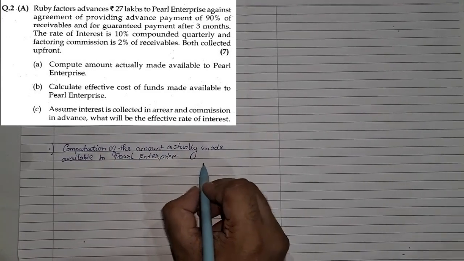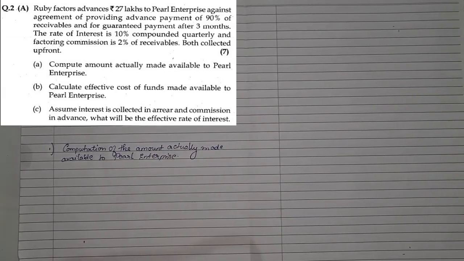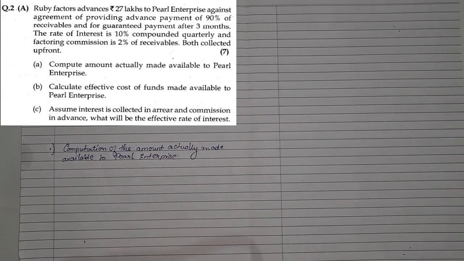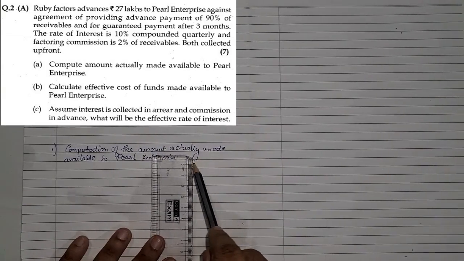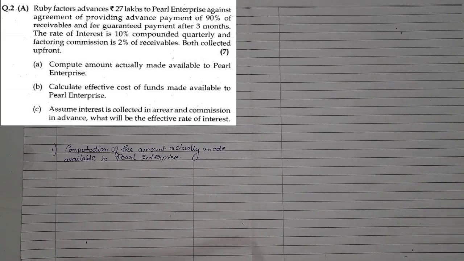We can have it in two columns, so I'll put one amount column just for us to understand.